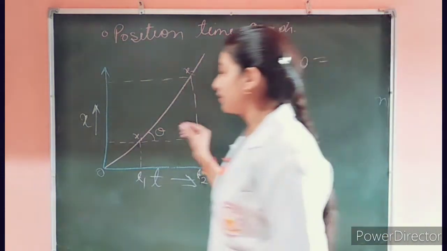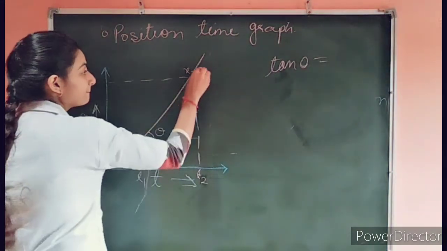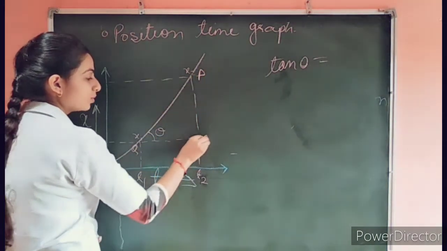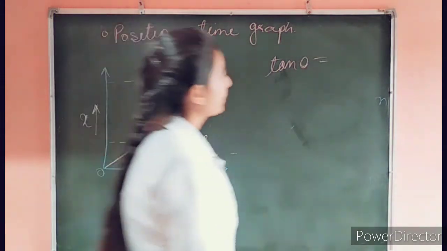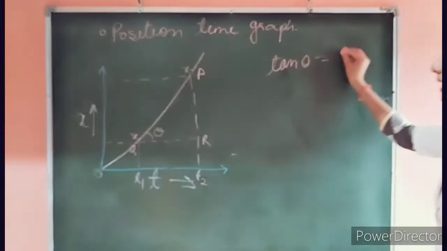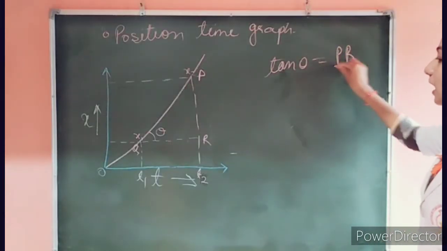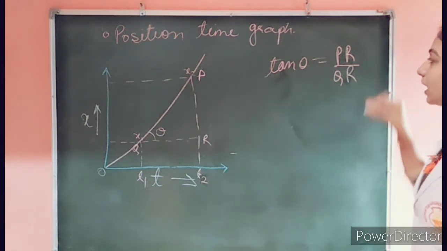Now tan theta is equal to perpendicular upon base. Naming the points P, Q, R, that is PR upon QR.